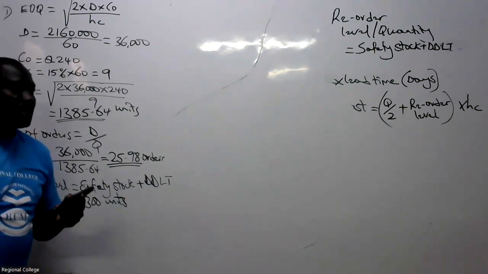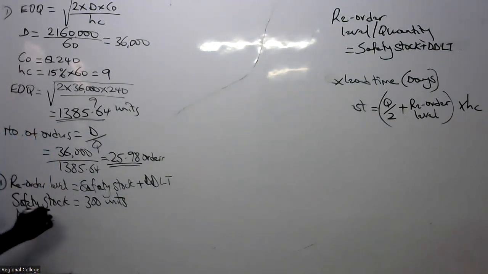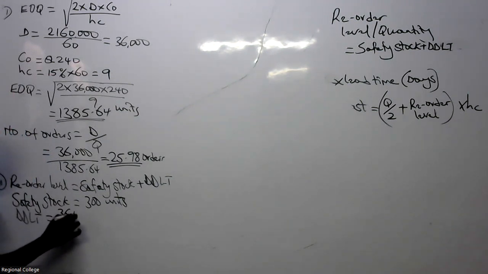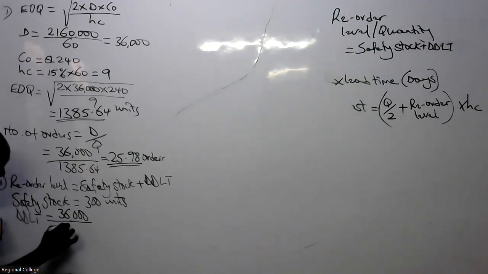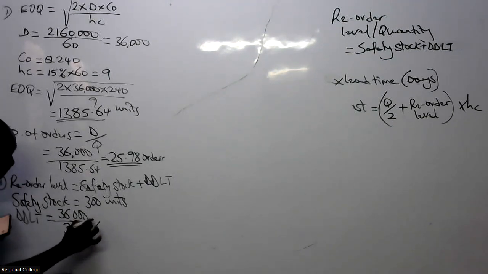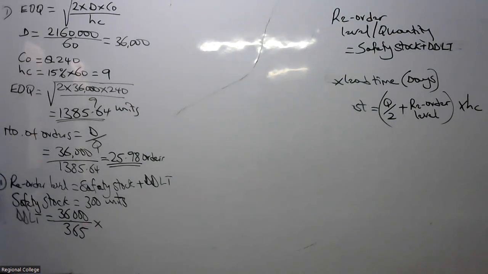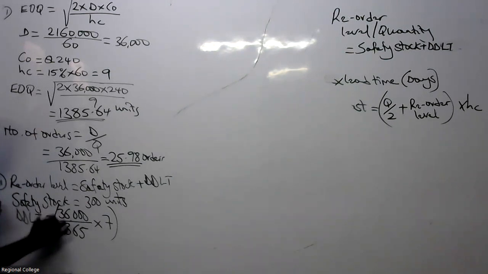For the whole year we need 36,000 units. How many days in a year? They told us 365. And what is our lead time? 7 days.